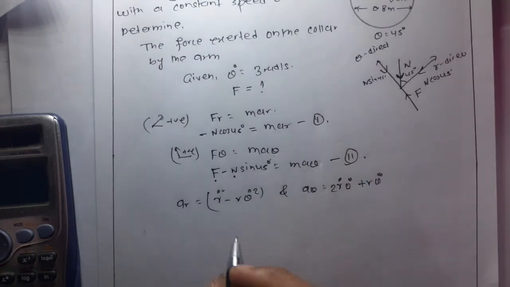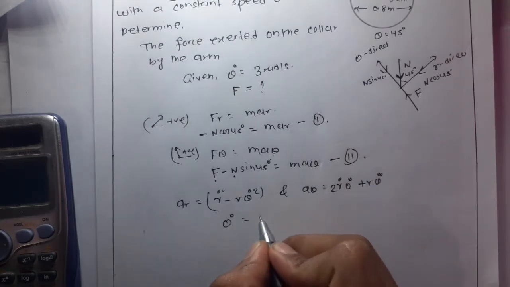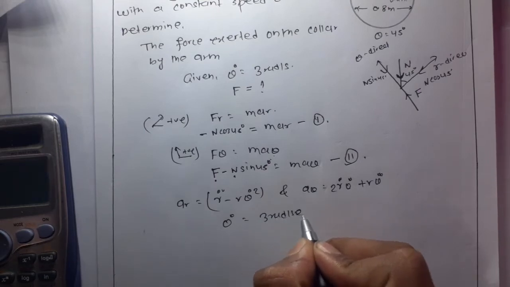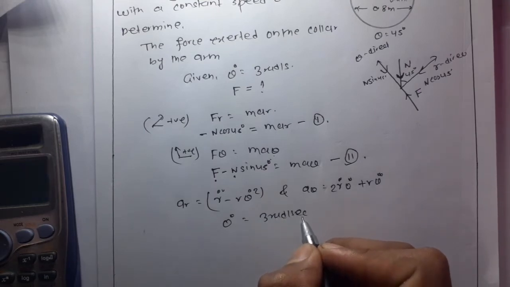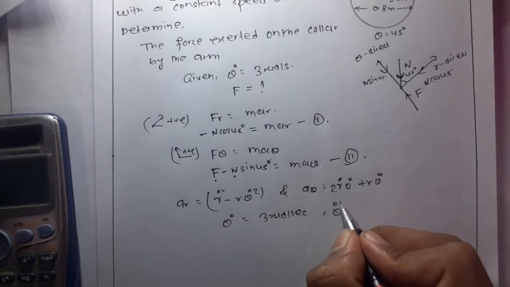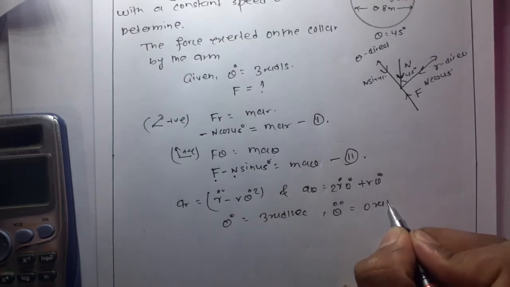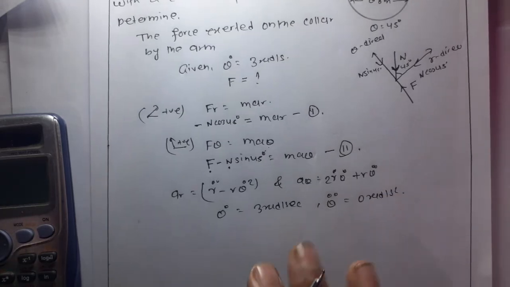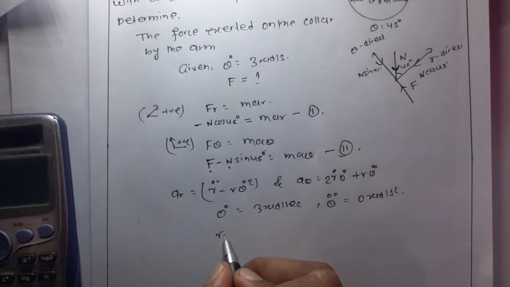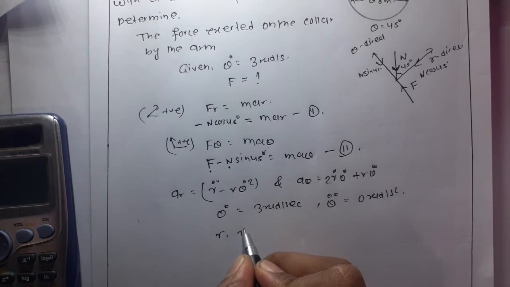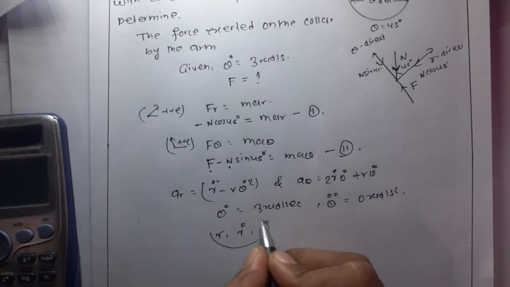So given was theta dot is equal to 3 rad per second, and the angular velocity is constant, so that means theta double dot is 0 rad per second squared. We have to find r, r dot and r double dot.